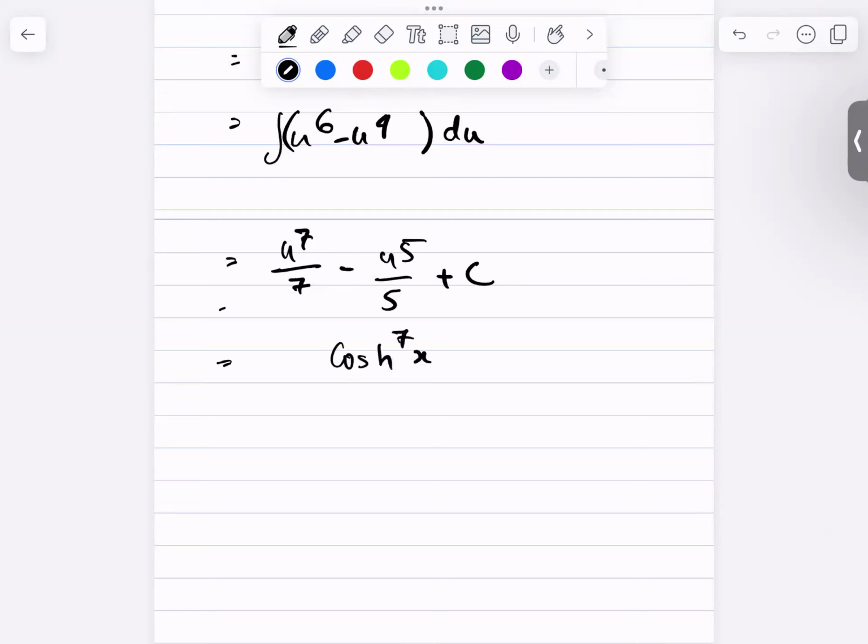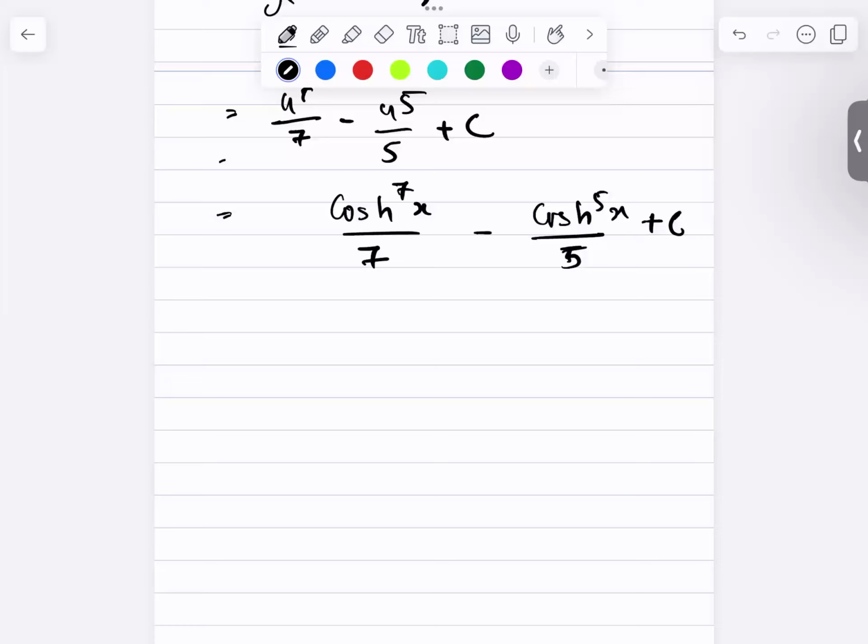So I'll get cosine hyperbolic to the 7 x over 7 minus cosine hyperbolic to the 5 x over 5 plus c as my answer. So things actually follow quite nicely, like the trigonometric integrations.